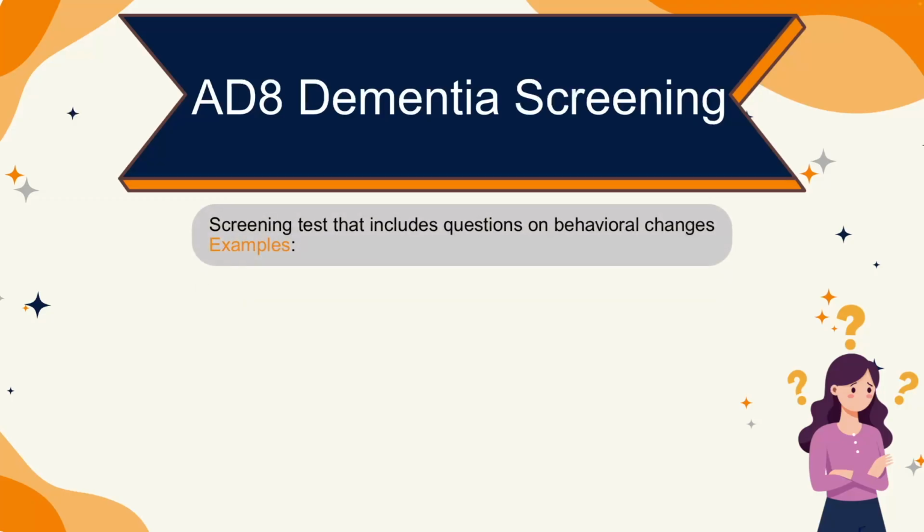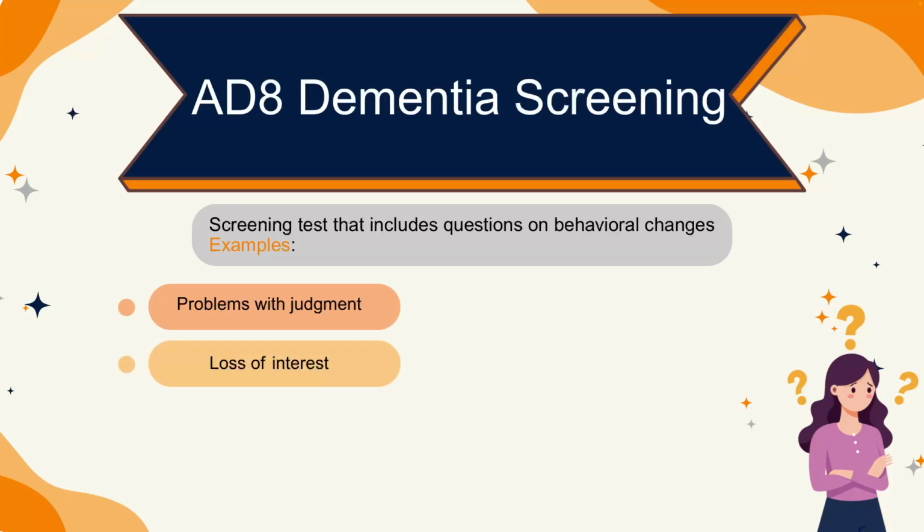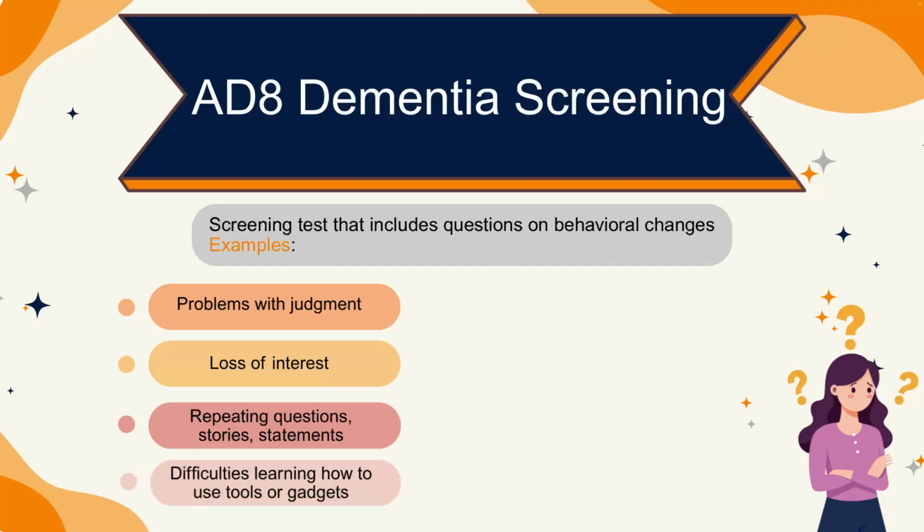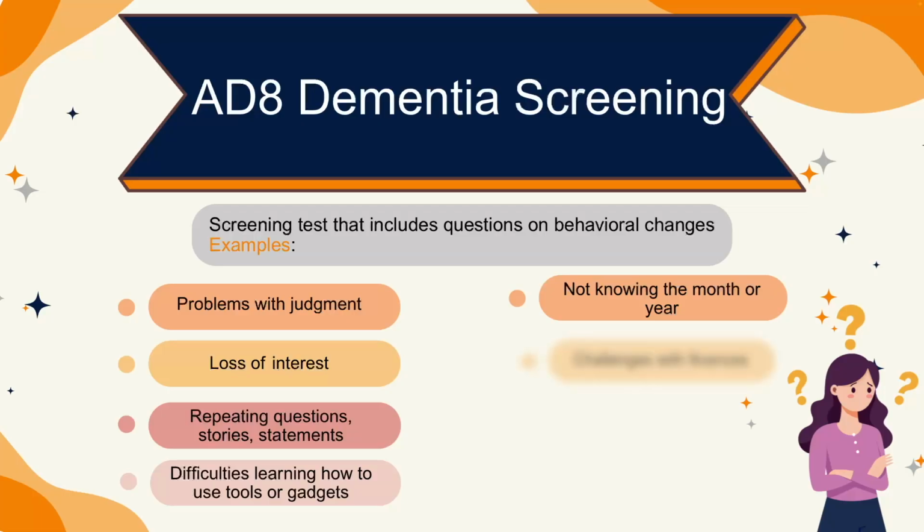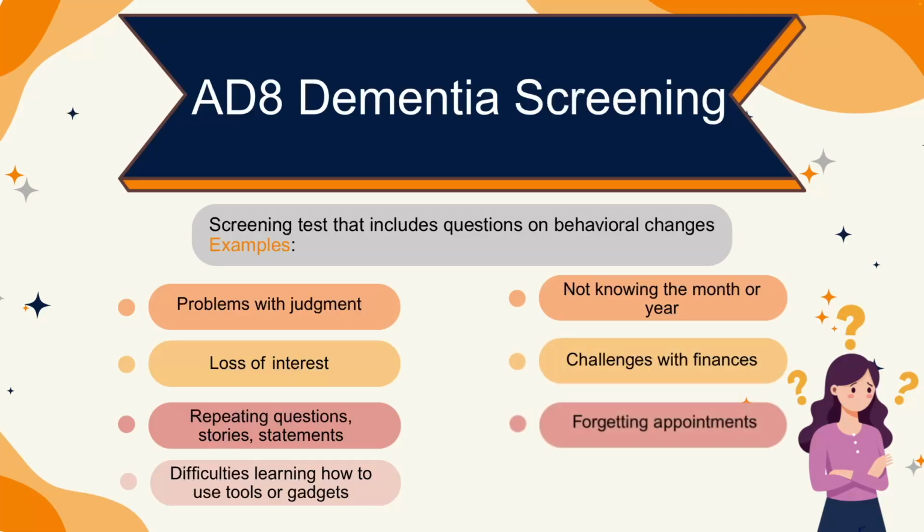The questions ask about problems with judgment, such as problems making decisions, bad financial decisions, or problems with thinking, less interest in hobbies and activities, repeating questions, stories, or statements multiple times, difficulty learning how to use tools or gadgets, not knowing the correct month or year, being challenged with handling checkbook balancing or paying bills, forgetting appointments, or having difficulty with memory and thinking processes on a daily basis. These questions are asked as part of a scored test that is administered by a healthcare professional.